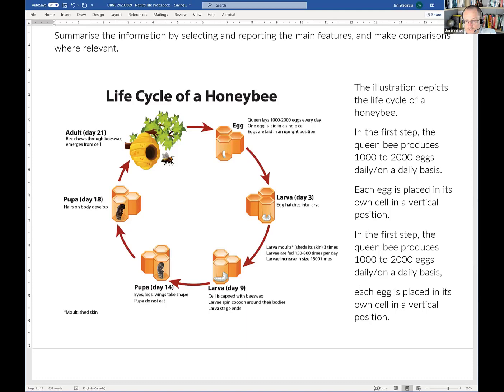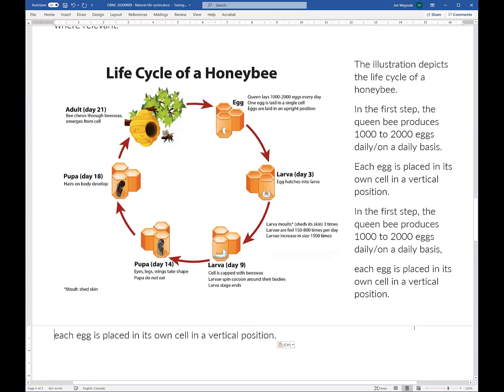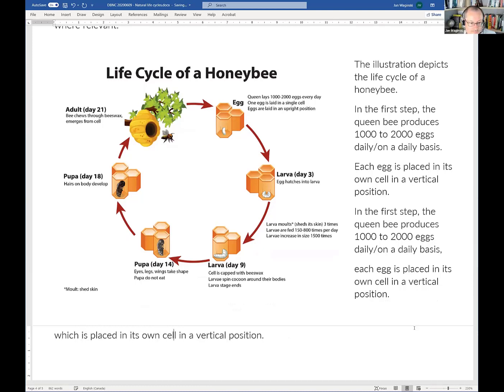While. Okay, Oksana, let me just hear your suggestion first. Maybe I did wrong. Which is placed in its own cell in a vertical position. Good. Which is placed in its own cell in a vertical position. That's it. This is perfect.